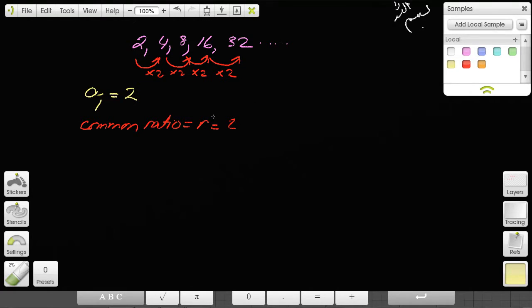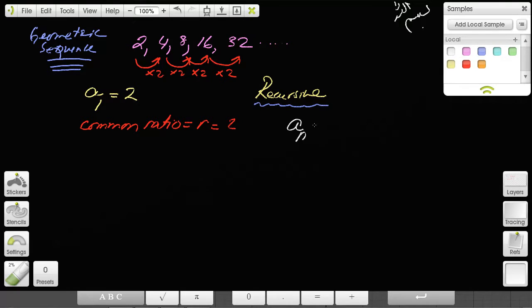Just like we had a recursive rule for arithmetic sequences, we have a recursive rule for geometric sequences. The recursive rule means, how do I get a term knowing the previous term? So a sub n depends on the term before it, a sub n minus 1.